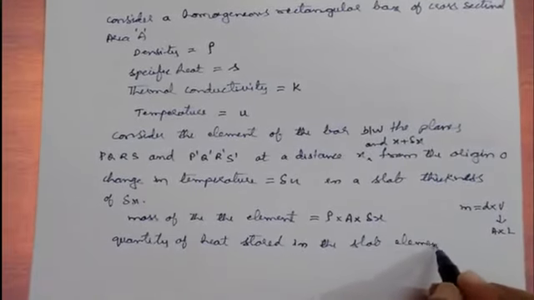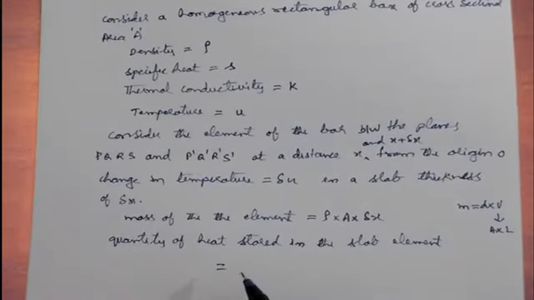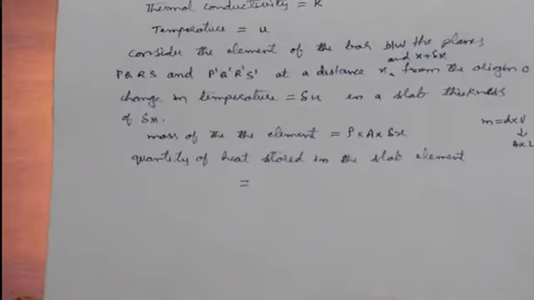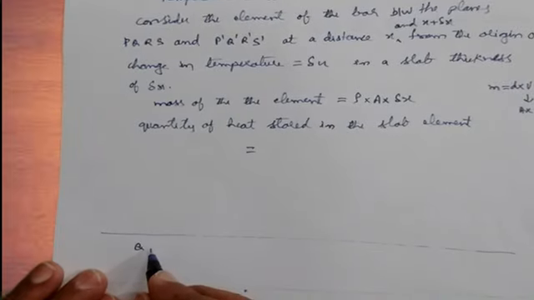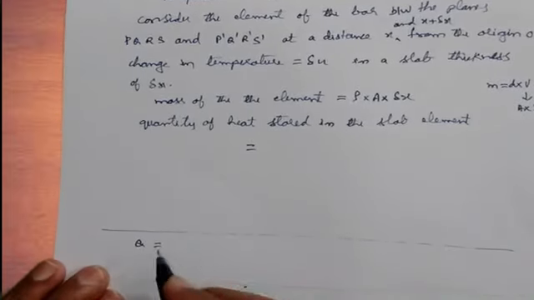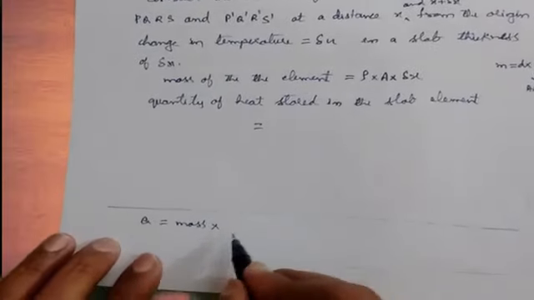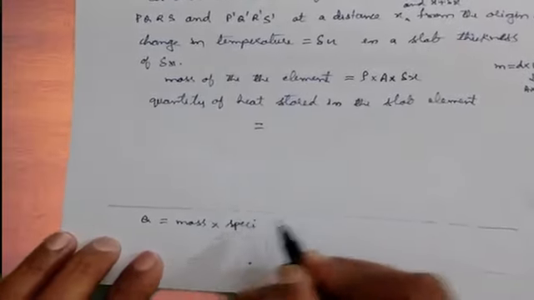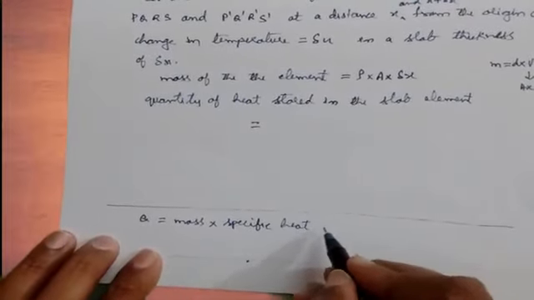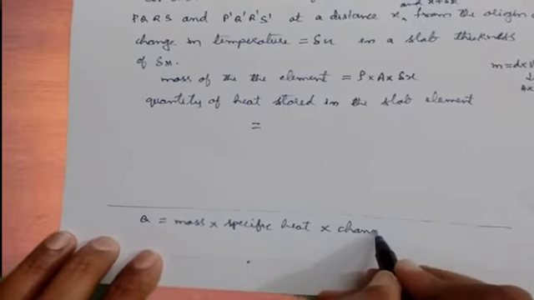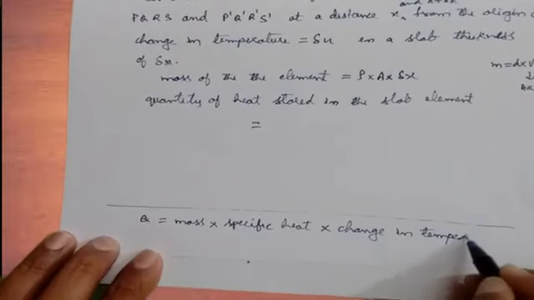The basic formula for the quantity of heat stored, if I am taking it as Q, is mass into the specific heat into the change in temperature.